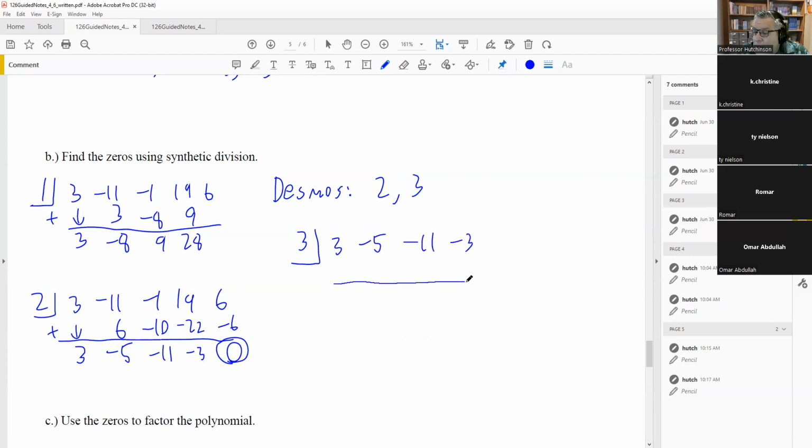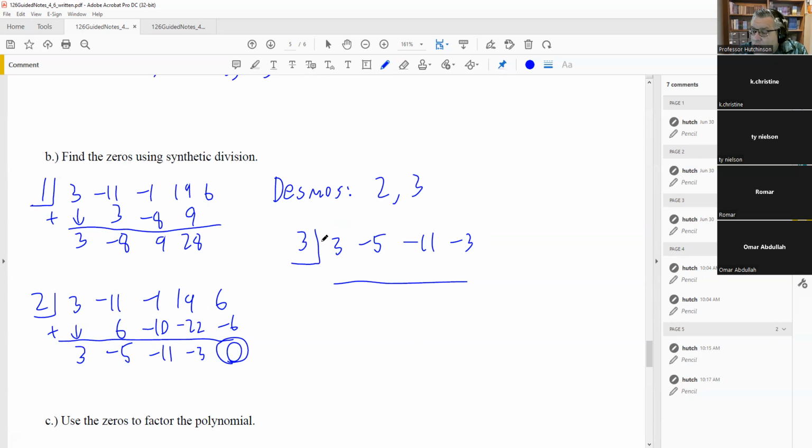The reason why I'm using the answers instead of the original problem is because if I use the original problem again, it's still going to be a cube, because every time you do synthetic, it drops the power down by 1. Well, this 3, -5, -11, -3 represents a cubic function, so something raised to the power of 3. So if I want to take it down to a power of 2 where I can factor, then I need to use the answers.